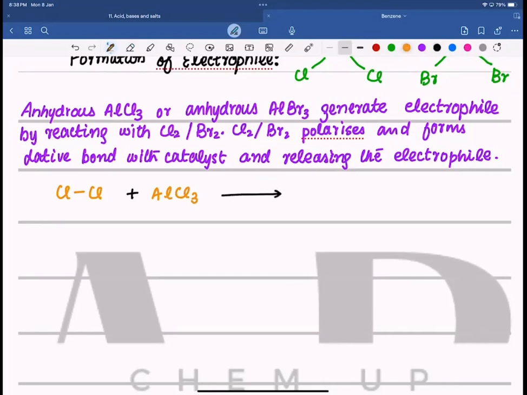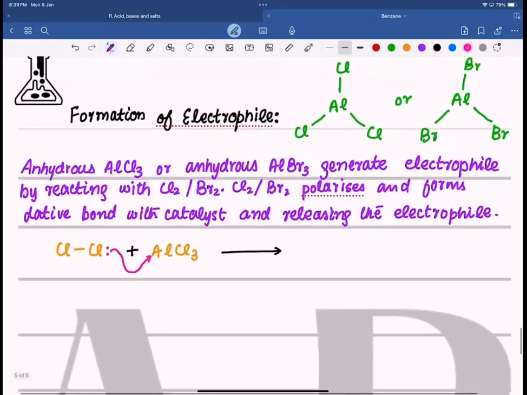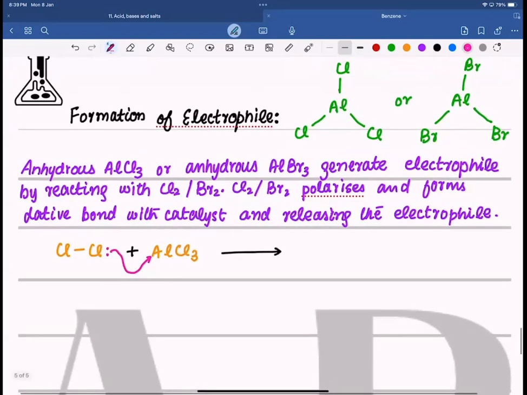We know each chlorine atom has 3 lone pairs of electrons, because in its valence shell there are 7 electrons and 1 is involved in bonding, so 3 are left. It will attack from this lone pair to this aluminium to form a bond with aluminium, as we have seen that this is electron deficient, it has space for 2 electrons, right?